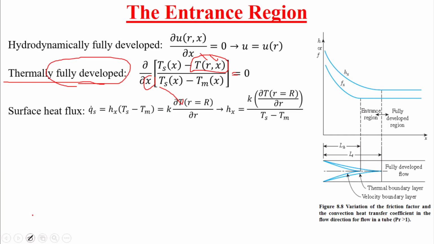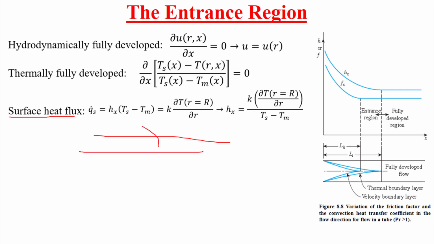From here, we can tell easily that the surface heat flux entering the pipe, we have here a pipe and we have q dot x entering, or q dot surface, is equal to h local multiplied by Ts minus T mean.